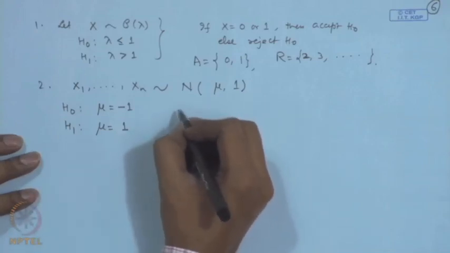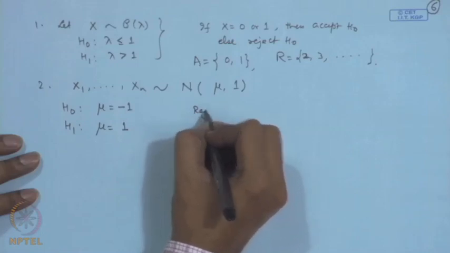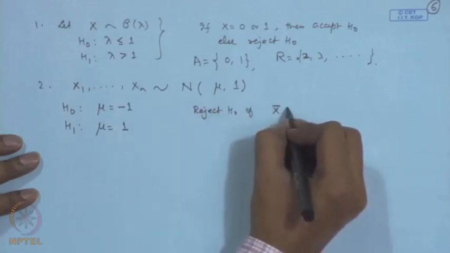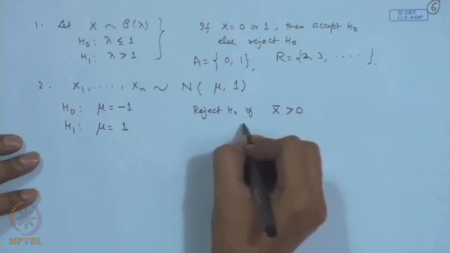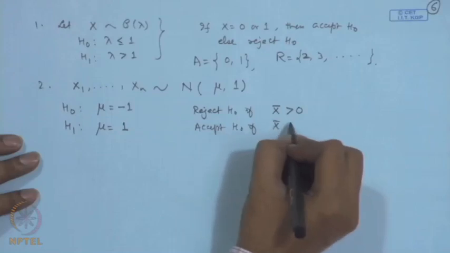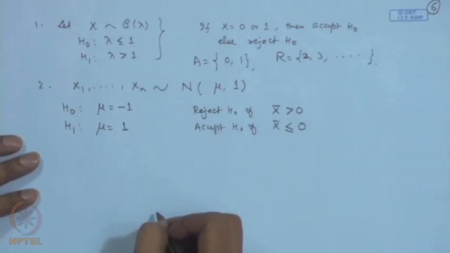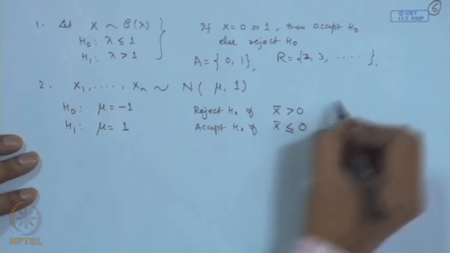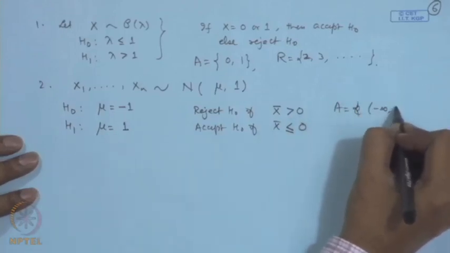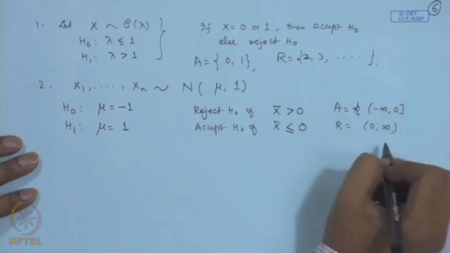Then we may take a test procedure as: reject h naught if x bar is greater than 0, accept h naught if x bar is less than or equal to 0. So, here our acceptance region is minus infinity to 0 and the rejection region is 0 to infinity.